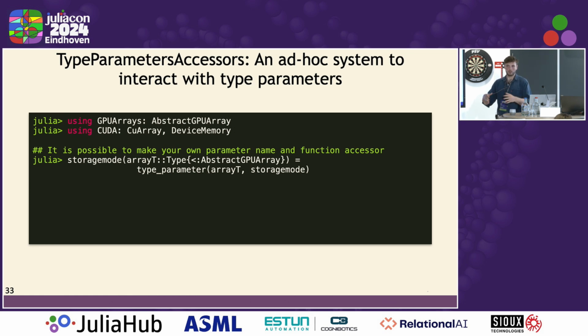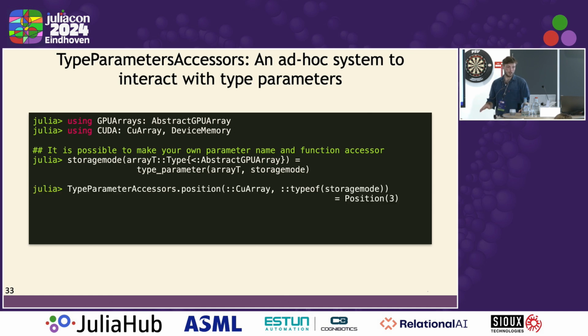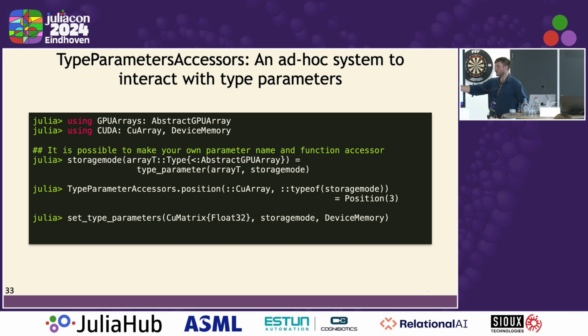In general, this isn't set, and we'll just say, hey, you haven't registered the function storage mode with this type. But if we tell type parameters that the position of the storage mode for CuArray is position 3, then we can set the type parameter of the storage mode to device memory of a CuMatrix, and now we have the CuMatrix over here. So we can use this as an ad hoc method to name type parameter positions of a type.